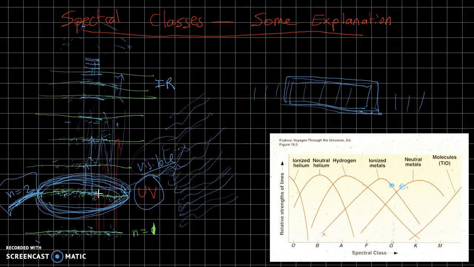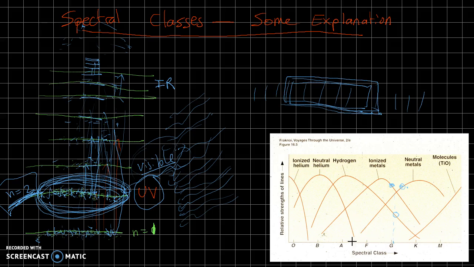The jumps are just right for absorbing visible light photons. While for stars like the Sun, the temperature is very low for hydrogen, so a bigger fraction of hydrogen atoms are in their ground state, and a smaller fraction is in the energy level n equal 2. So there won't be as many jumps starting with level 2. There will be more jumps starting with level 1, which is ultraviolet.